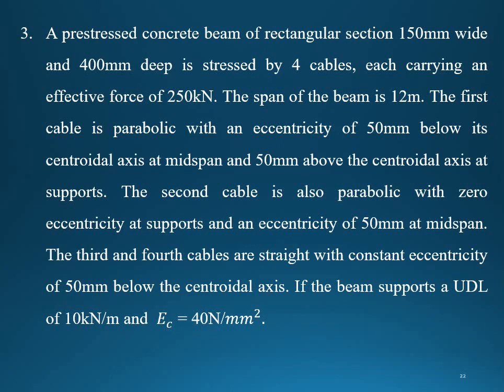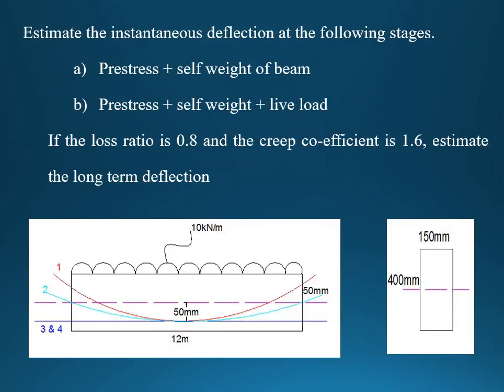That means from the left end to the right end, the eccentricity is constant. It is 50 mm below the neutral axis and it is also carrying a live load of 10 kilonewton per meter. Young's modulus data they have given and a few other data they have given.